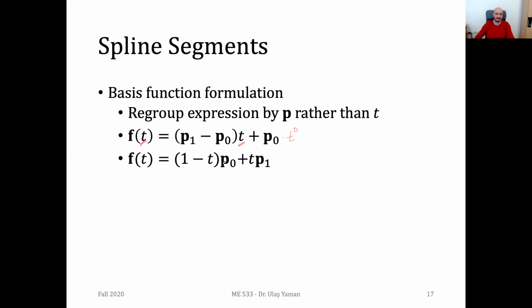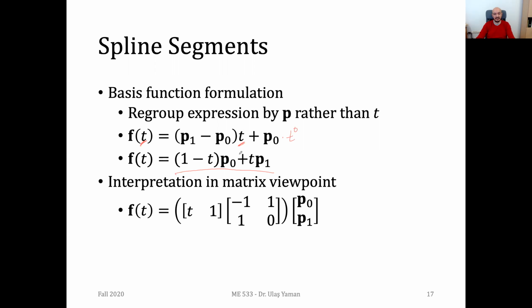This is the representation with respect to the points. And if you look at the matrix viewpoint, you can do this multiplication and decrease the size of it to 2 by 2, not 2 by 2 actually, 1 by 2. And if you multiply with the coordinates, the control points here, you will obtain the final parametric representation.